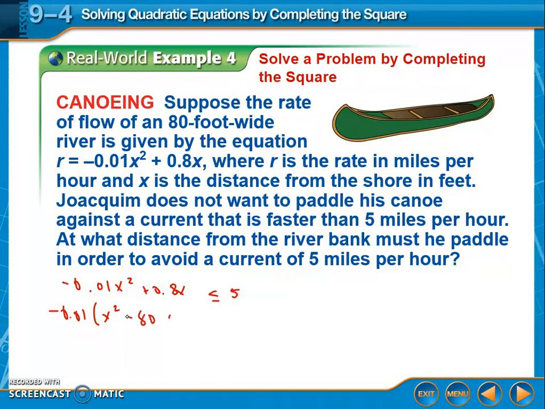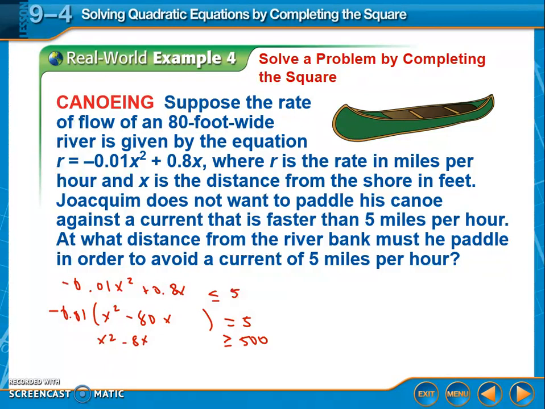So this becomes negative 80x, and then we want this to be something 5. Okay, so I'm going to divide both sides now by negative 0.01. So when I do that with 5 divided by 0.01, I get 500. So we want 500 because we divided by a negative. This is going to switch directions, and we're going to get x squared minus 80x.